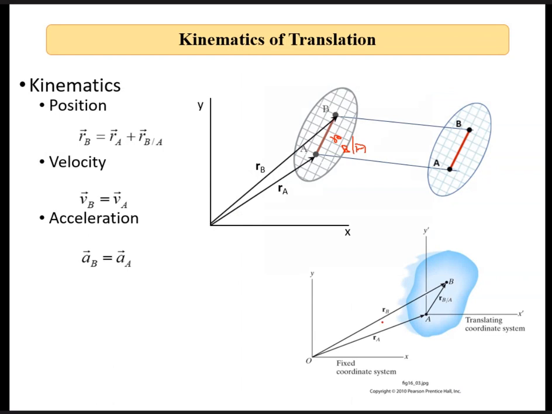Here this is your translating coordinate system. So RA, RB, RB by A. My x dash and y dash axis is this one.